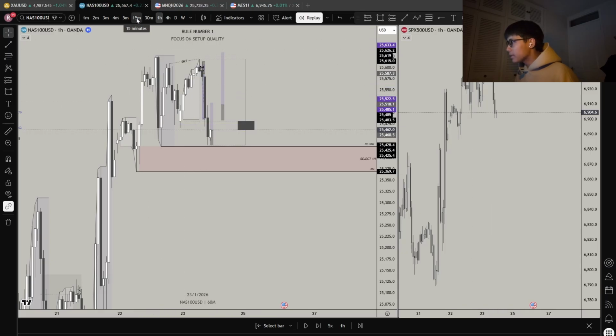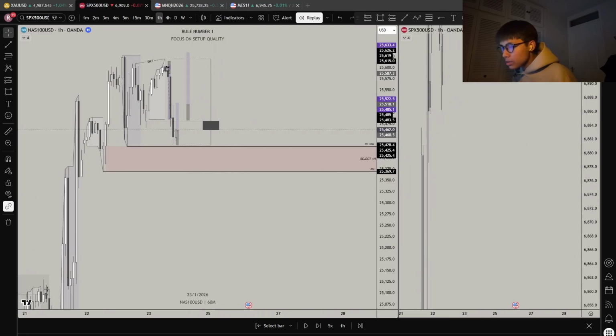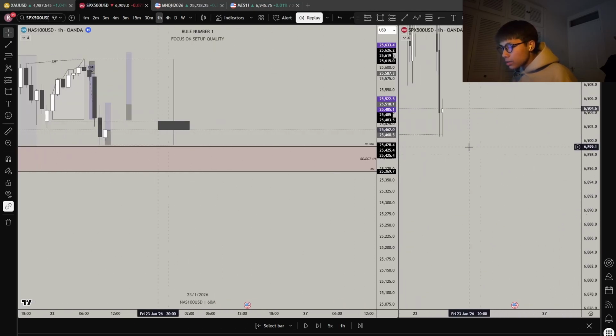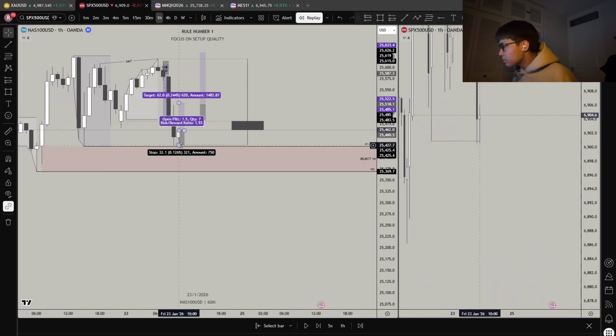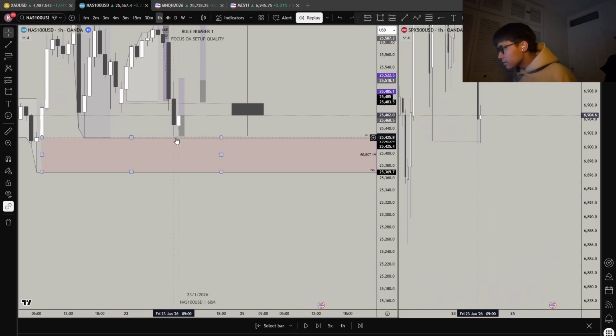And the reaction that I gave, I'm gonna mark out this same low on ES. Look, as you guys can see, ES swept this low, but NQ didn't, as you guys can see there.